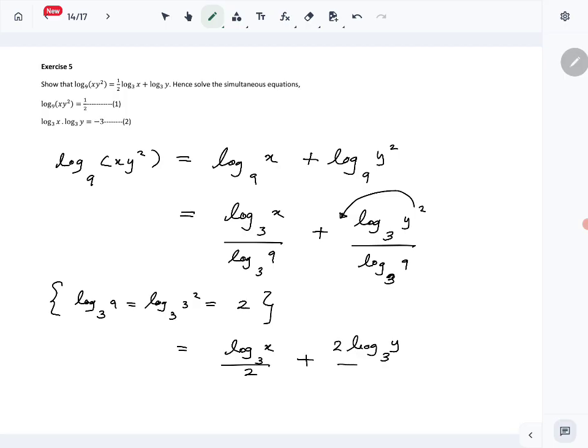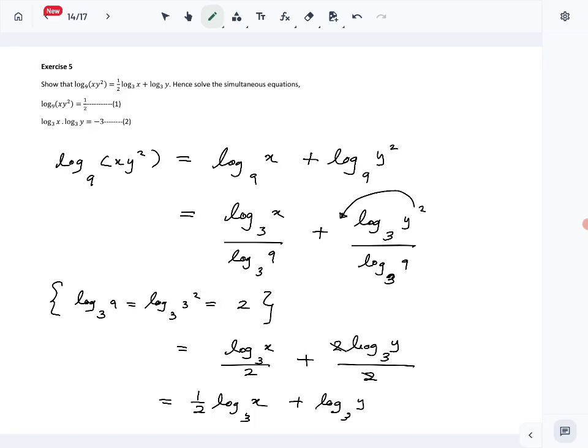So 2 log base 3 of y over 2. Now simplify. So what do you get? Half log base 3 of x, 2 and 2 cancel, plus log base 3 of y. So this is an application of the second form of the change of base formula. So base 9 we convert to base 3. We can write it in any base we like. So here it is base 3. Right.